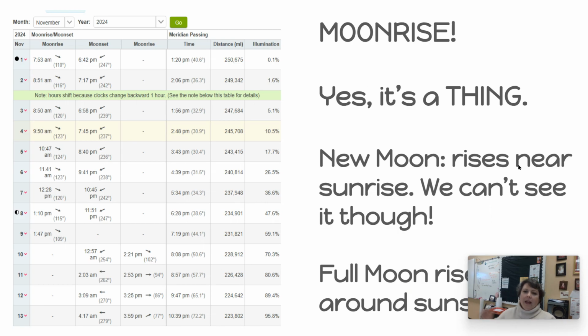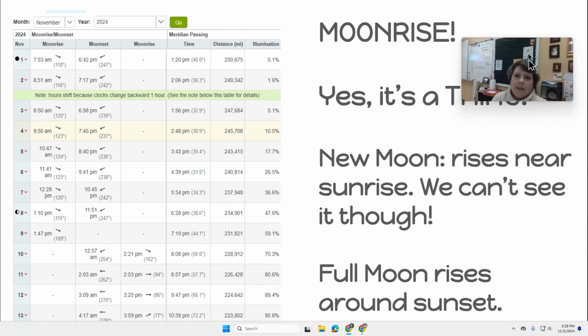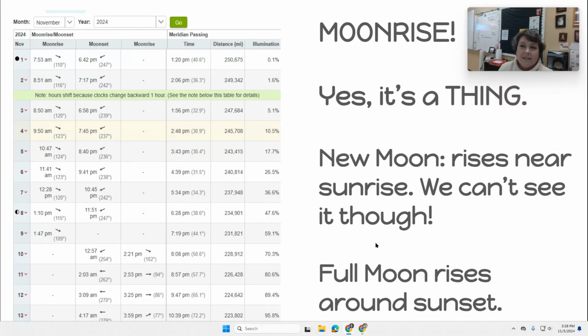Okay, and then we have something called moonrise and moonset, just like sunrise and sunset. And we talked about how the sun rises at different cardinal directions during the year and on certain days. So the moonrise and the moonset just goes with the cycle.